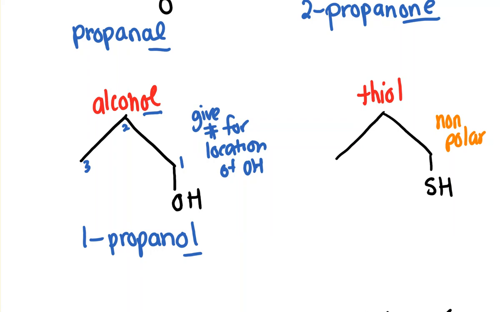The thiol kind of has a different way of naming. You're going to say the whole alkane name. So this is 1 again. So it's 1, and then the whole alkane name, propane, but then you end with the whole part, thiol.